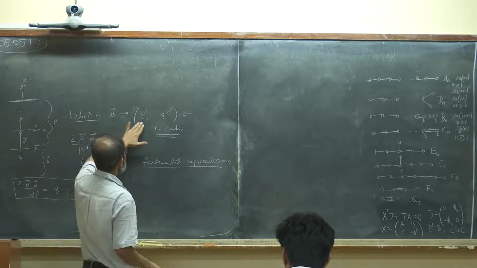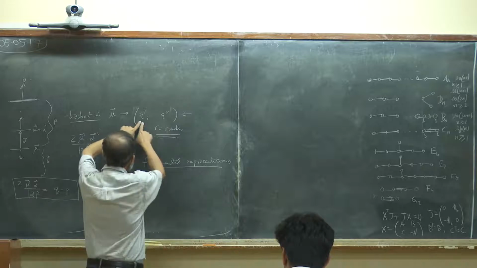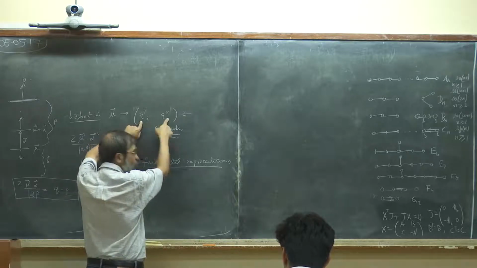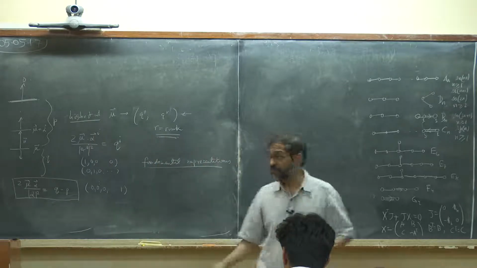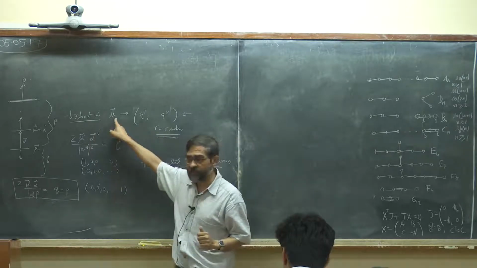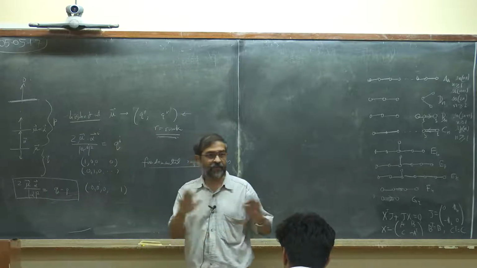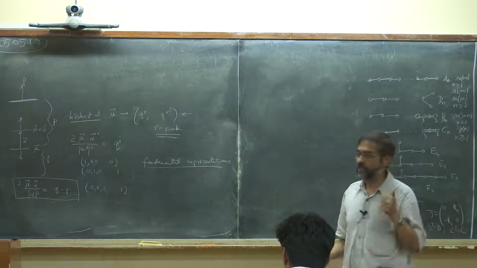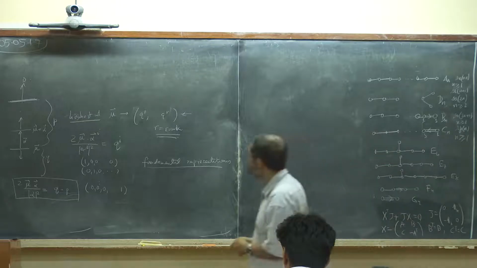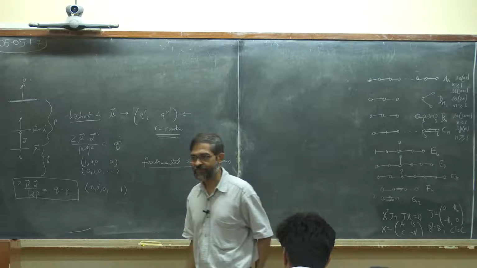So let me say that specifying a set of r integers specifies a particular highest weight vector for me, and then I can construct the entire irreducible representation labeled by that highest weight vector, or labeled by these r integers.